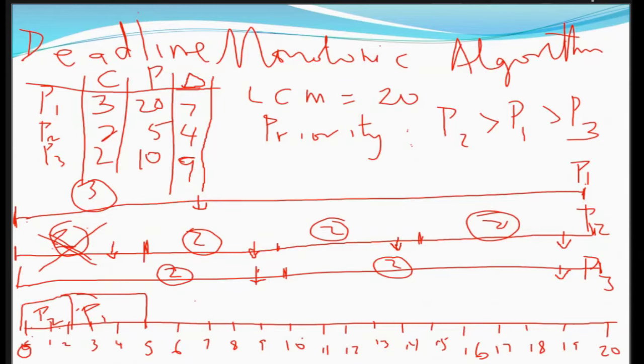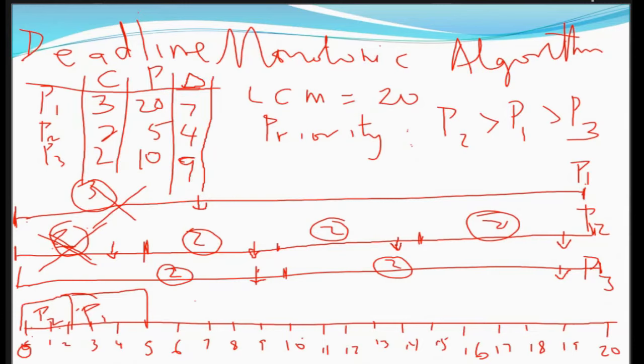Now, at this point, P1 is dead and gone, right? So at this point, P1 is gone. So active processes are which one? P2, because at 5, P2 is up again, right? And then P3 is still up within that line. But then P2 is the leading priority, right?